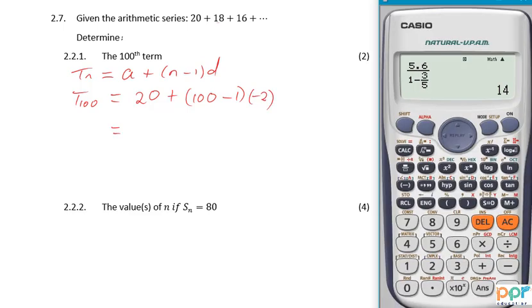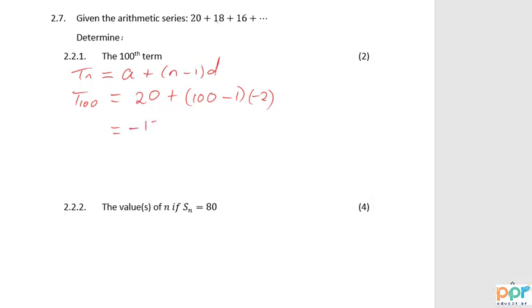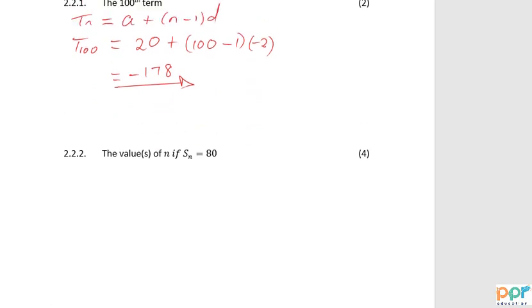You just use your calculator. So your final answer is negative 178. That is the 100th term.